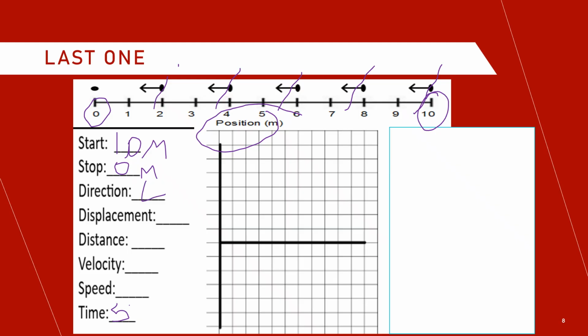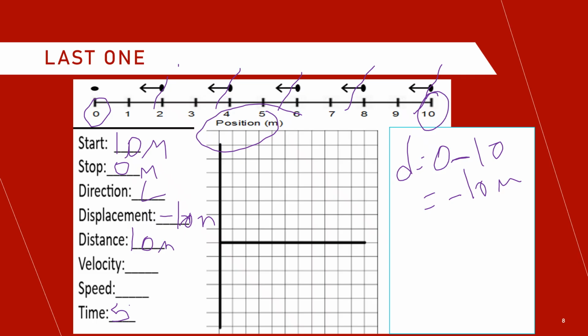Our displacement, which is final minus initial, is 0 minus 10 meters, which is negative 10 meters. So the total distance is actually 10 meters.